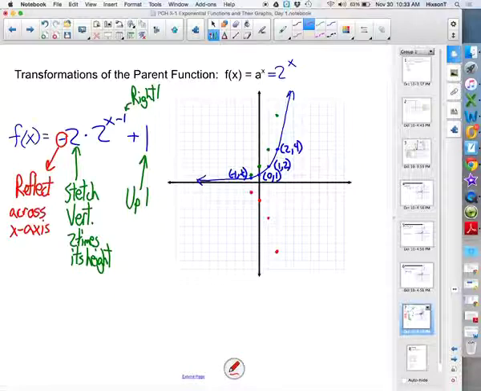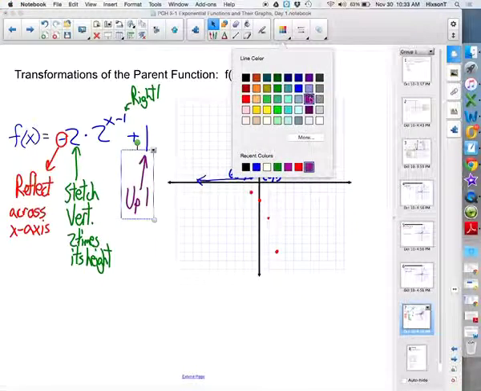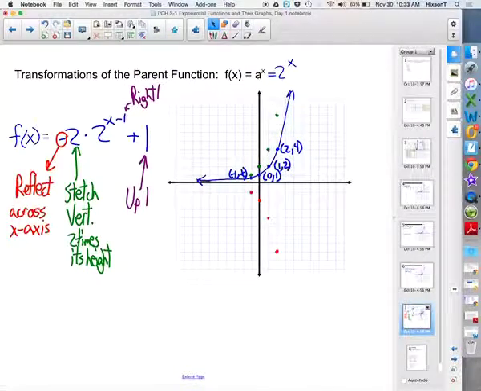Okay? So I've got the stretching and the reflecting done. Okay? Now we can do the shifting. Okay? So I'll do all the shifting in purple here. Okay?